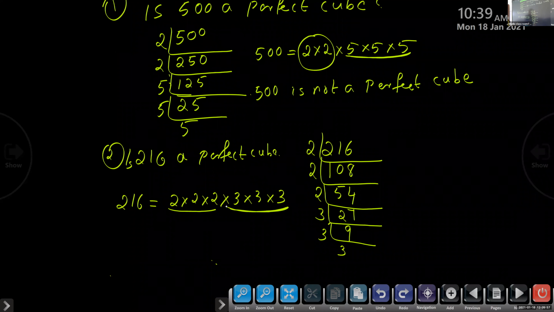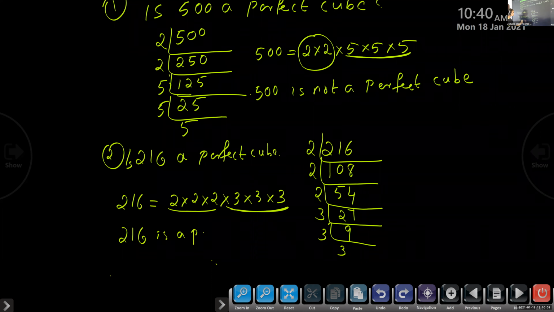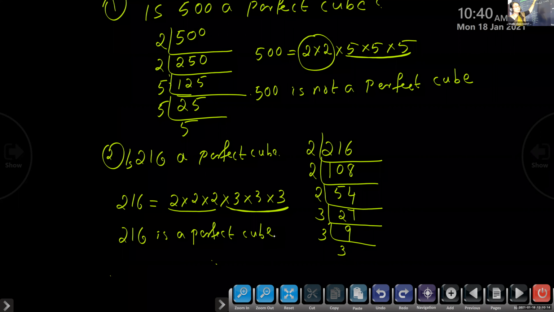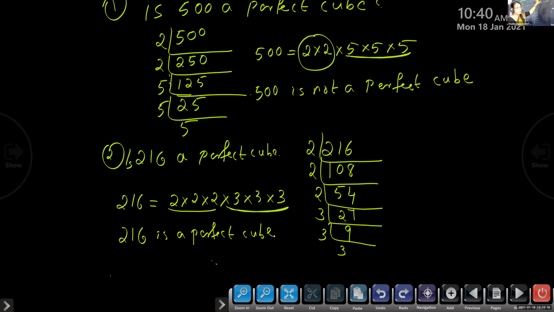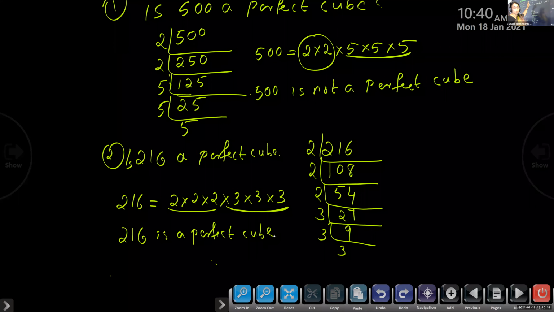Hence, we can say that 216 is a perfect cube. Understood how to check whether the given number is a perfect cube? Here 500 is 2 into 2 into 5 into 5 into 5. Only 5 can be grouped into groups of 3. For 2, we need one more 2. So 500 is not a perfect cube.